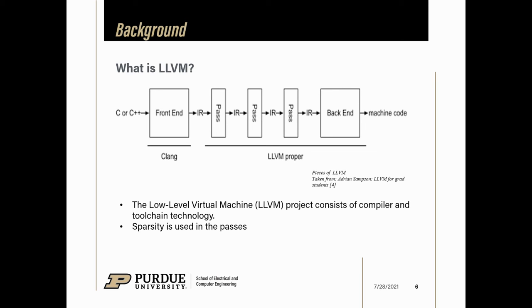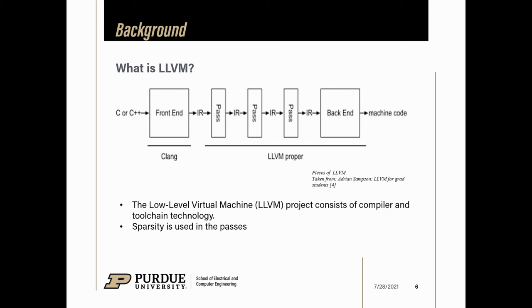This IR code is then run through several passes through what's known as LLVM proper. These passes are what make LLVM unique, as they're very modular and can be edited by the programmer as they see fit. So new passes can be introduced or the existing ones can be edited. The IR code is then run through the backend, which outputs machine code.